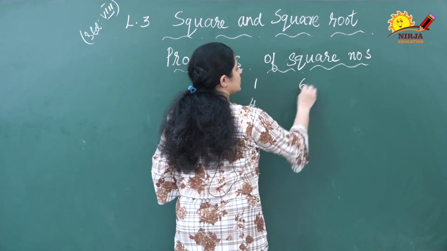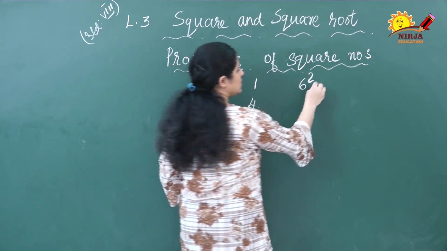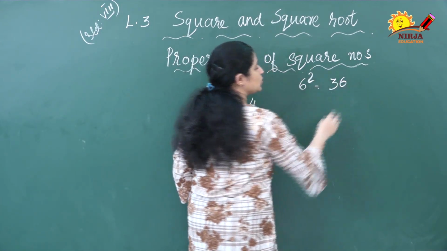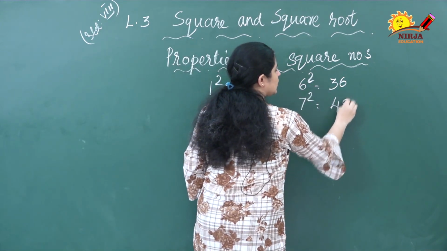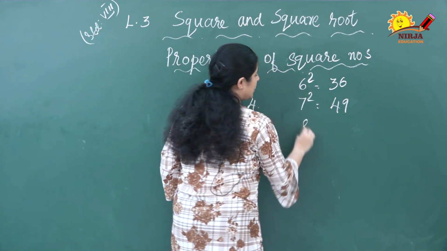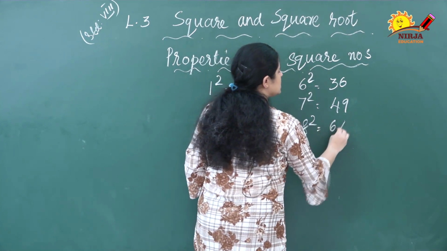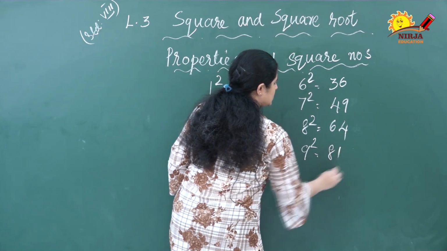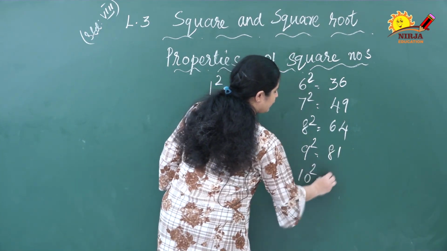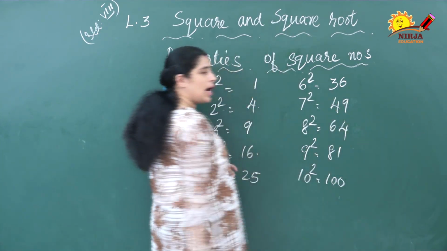Now I am going to write the square of 6 here. 6 squared is equal to 36. 7 squared is equal to 49. 8 squared is 64. 9 squared is 81 and the square of 10 is equal to 100.